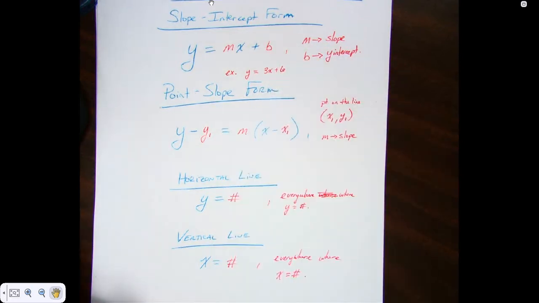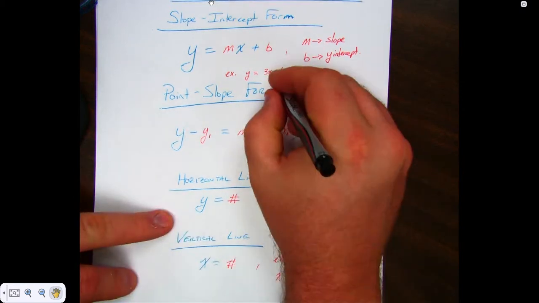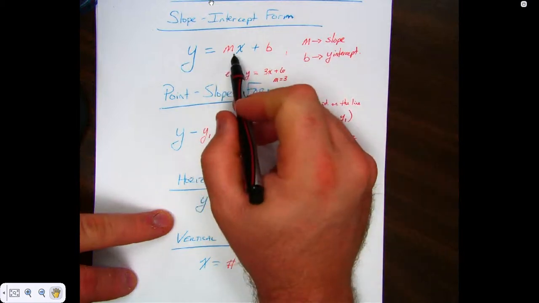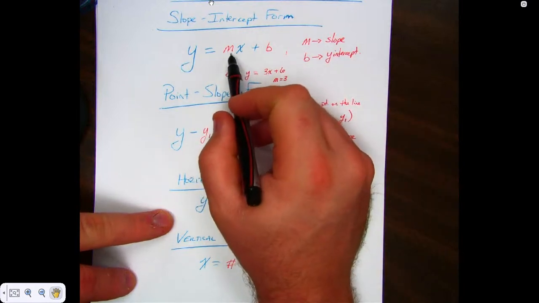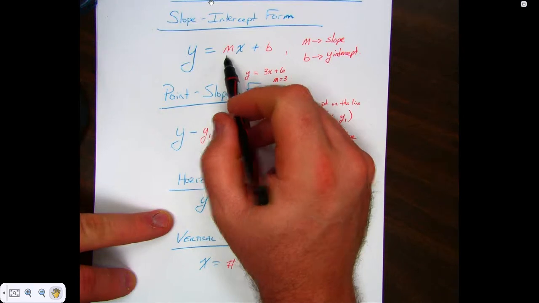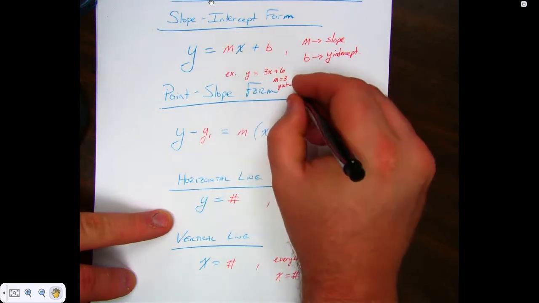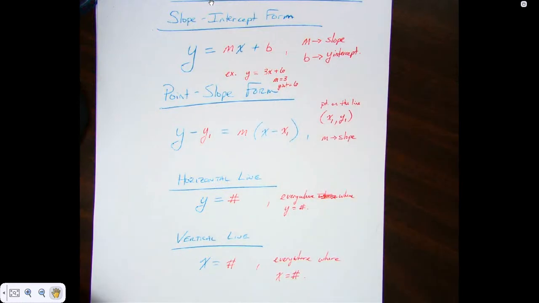Well, for that example, what's the slope? It's actually just 3. A common mistake is they want to include that x, because it's right beside it, right? But it's actually just the number in front of the x, right? What is your y-intercept? So it's going to be a line that intersects the y-axis at positive 6.